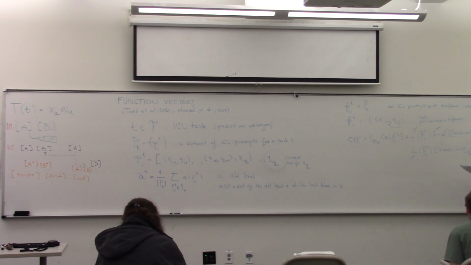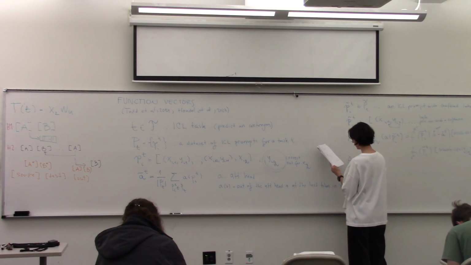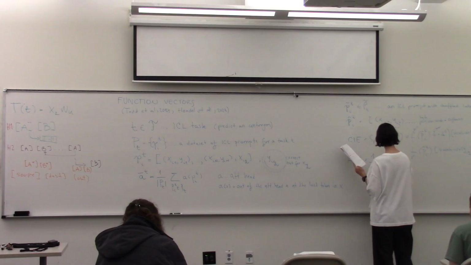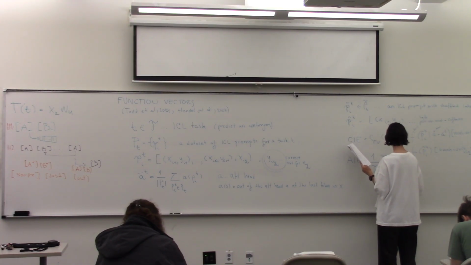Now, a bit more. We then define the average indirect effect to be the score averaged across many tasks. So we have a certain number of tasks, and for each task we have a certain number of these corrupt prompts, right?